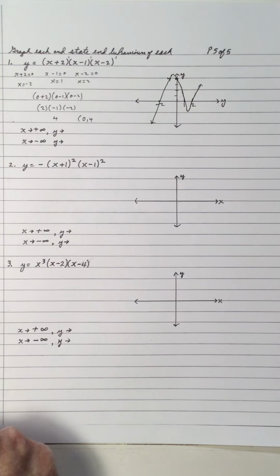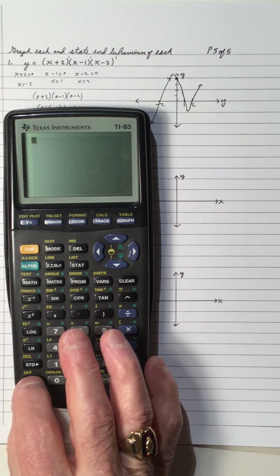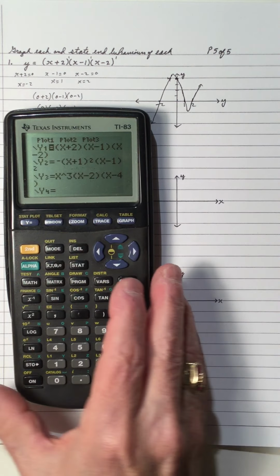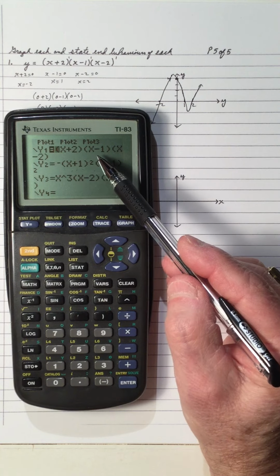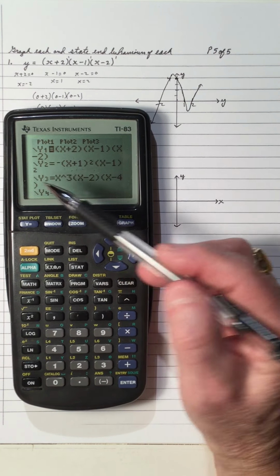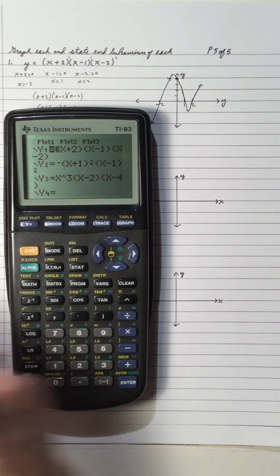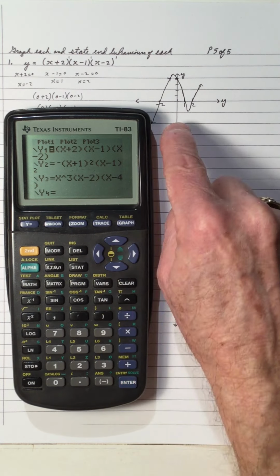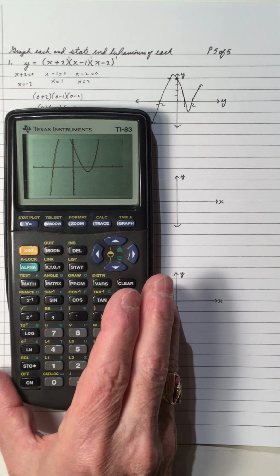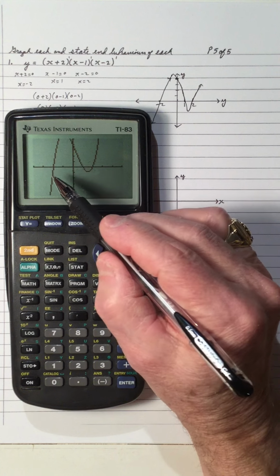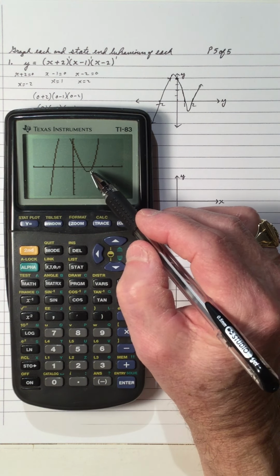To look at that on a graph, I put them on the graphing calculator earlier. Notice this equation here is x plus 2, x minus 1, x minus 2. That's the first one. I'm going to do 3 of them. So I'm going to graph this first one and see if it looks like this. Notice the x-intercepts are -2, 1, and 2.